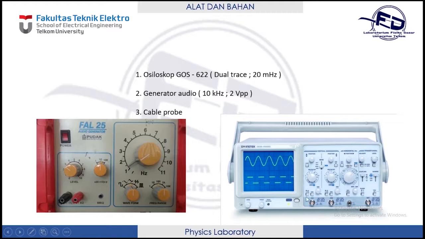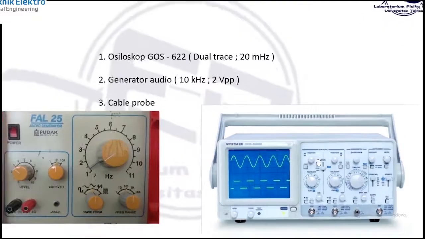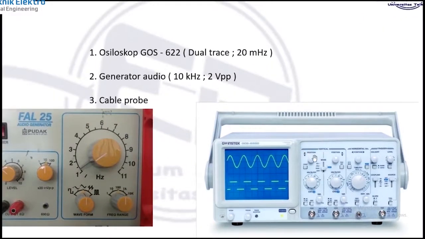And on the oscilloscope, we have channel 1 on this side, and we have channel 2. In channel 1 we can set the vertical position of the wave.